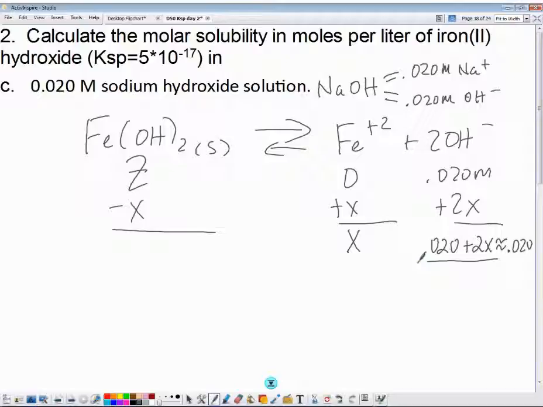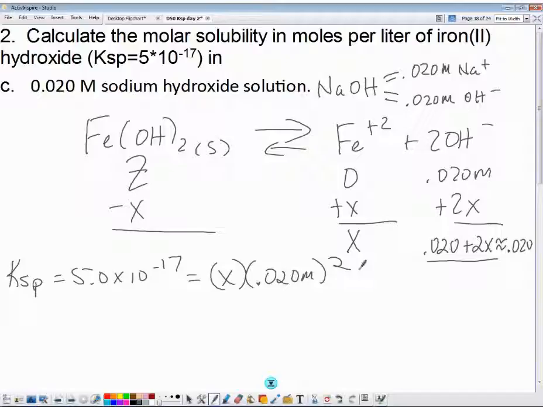Okay. So KSP, which is 5 times 10 to the minus 17, is going to be equal here to X times 0.02 squared. Yes. The I part of the equation on the product side, is that zero mean that there's not any?